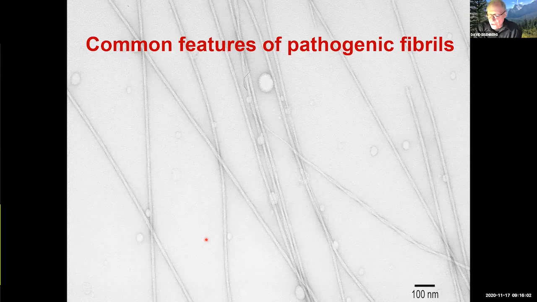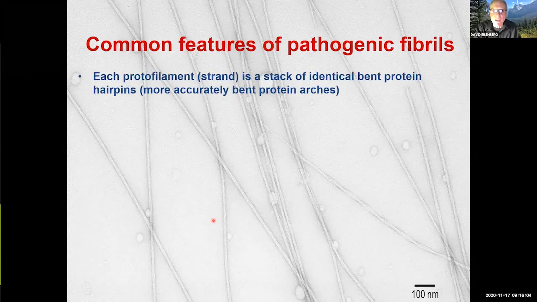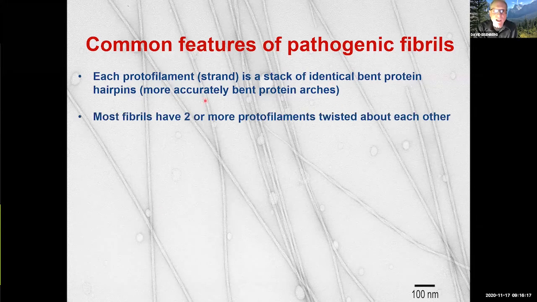So the common features of these pathogenic fibers: each strand or protofilament is a stack of identical bent protein horseshoes or hairpins. Actually, the formal name for these is protein arches. Most fibers have 2 or more protofilaments. Some have only a single one, and sometimes there are more.